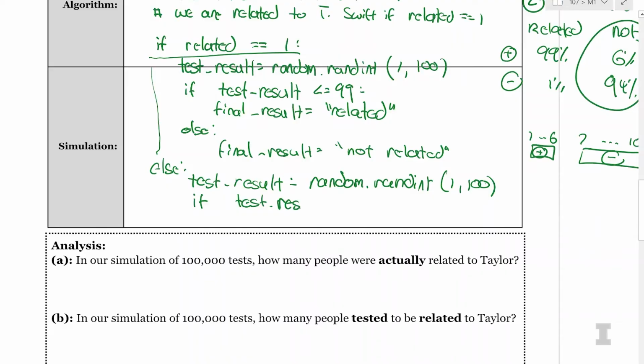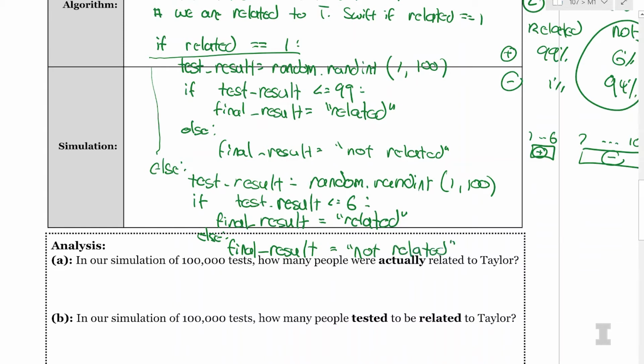So we'll just do this if again, if test result is less than or equal to 6, then we know the final result is equal to related. Else, colon, the final result is equal to not related.